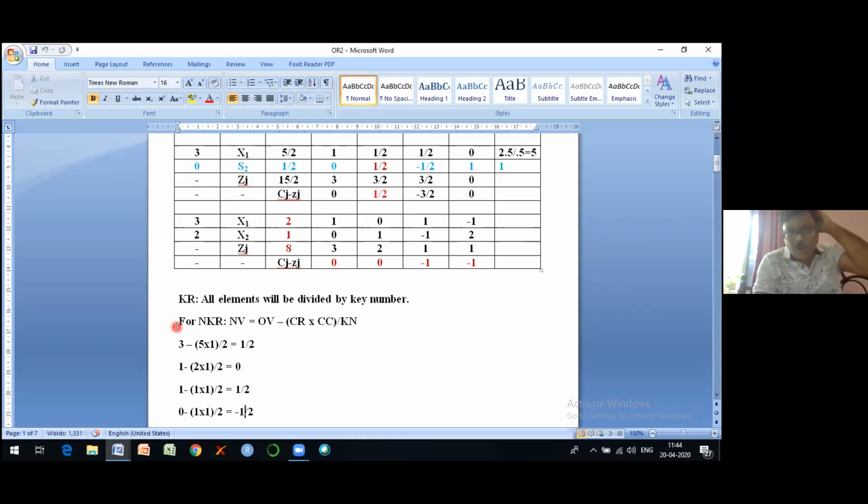But for non-key row, NKR, this is our non-key row, the rule is: old value minus, first bracket, corresponding row into corresponding column, bracket close, divided by key number.